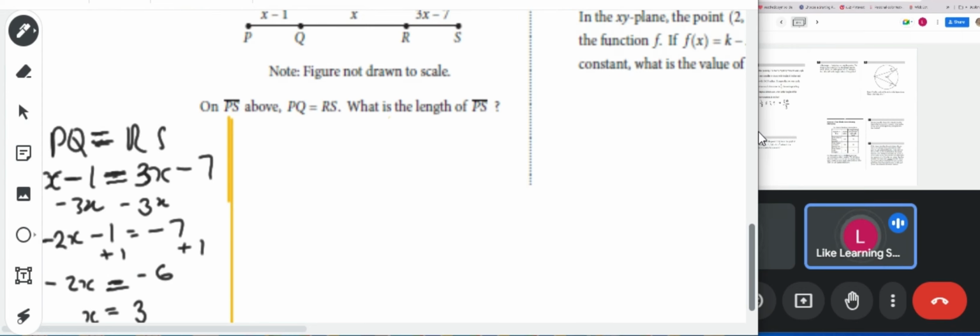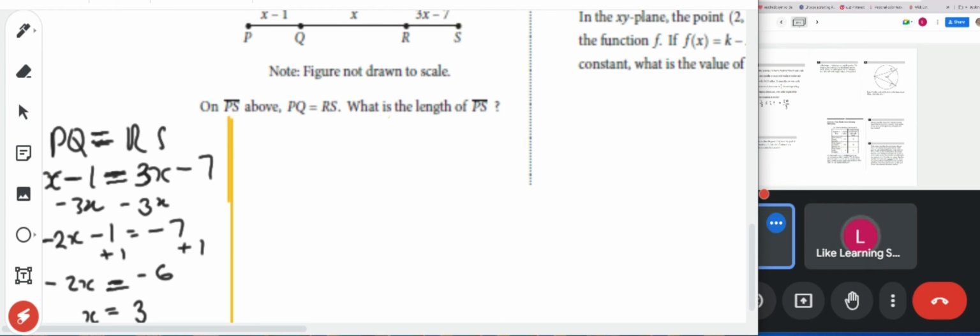So if x is equal to 3, what is P to S? Do we just substitute the values? Exactly.